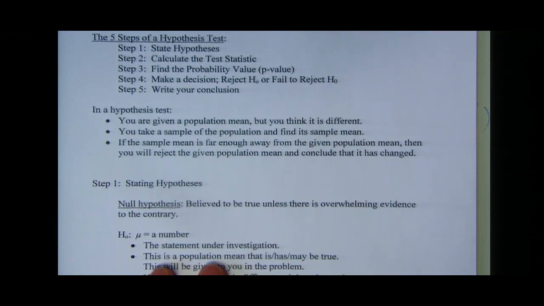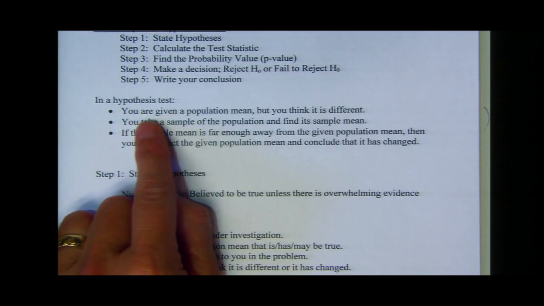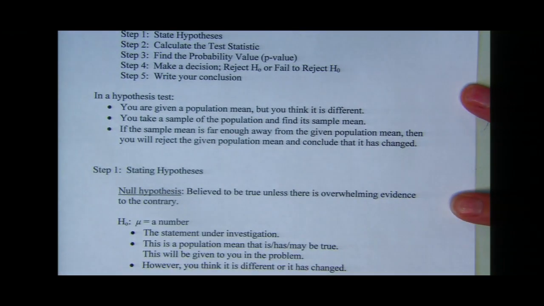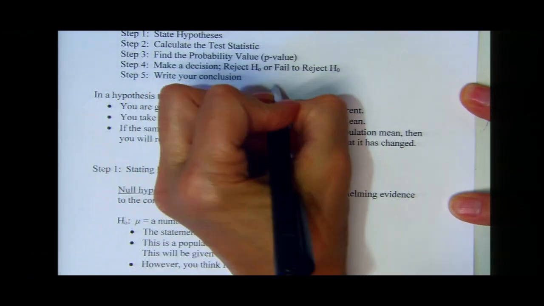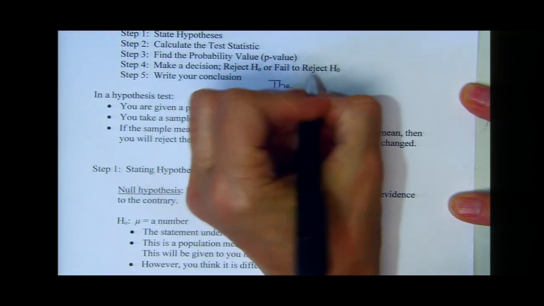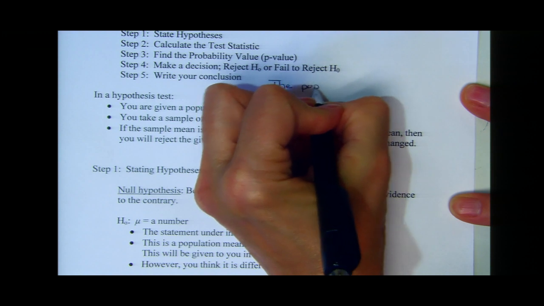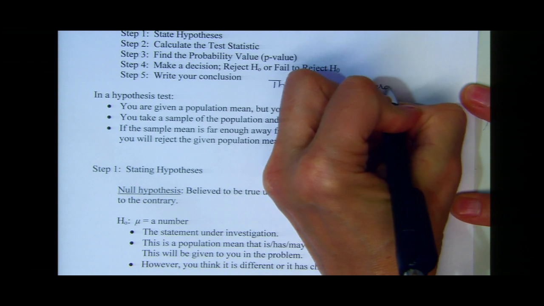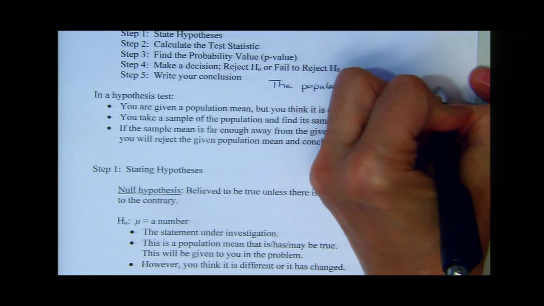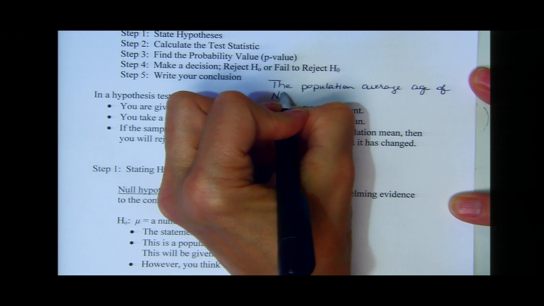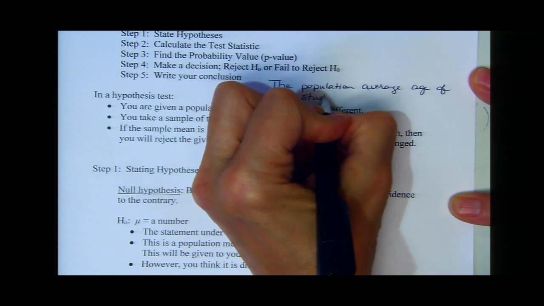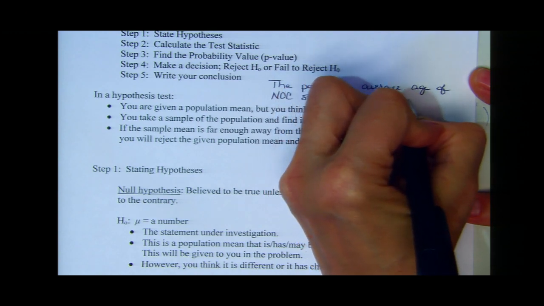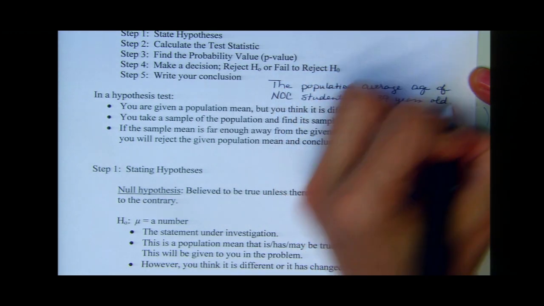Now, here's what is going on in a hypothesis test. You are given a population, but you think it is different. Okay, well, what if I told you the population average age of NOC students is 39 years old.